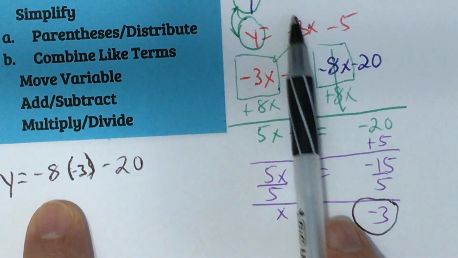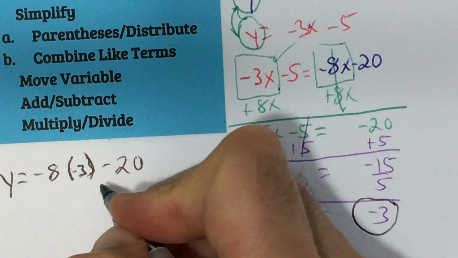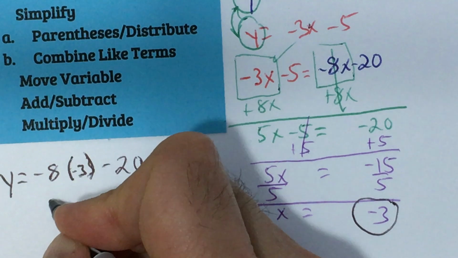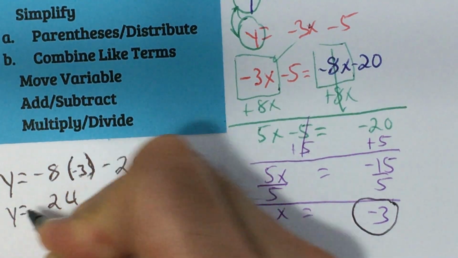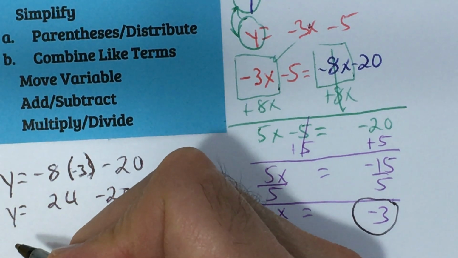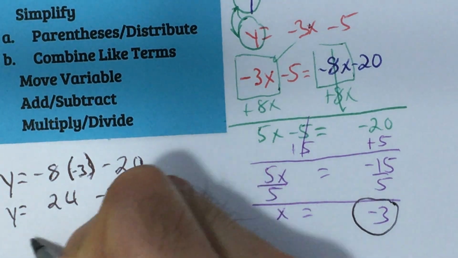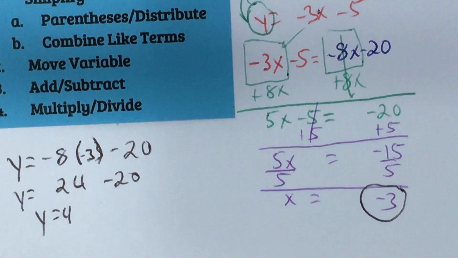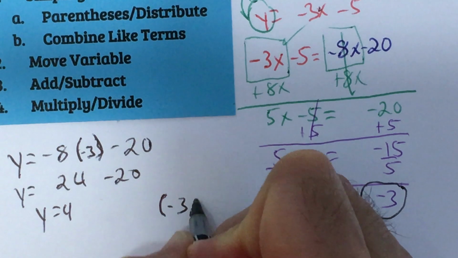Negative 8 times negative 3 is 24, minus 20. Okay. 24 minus 20 is 4. Now I would have two answers, negative 3, 4.